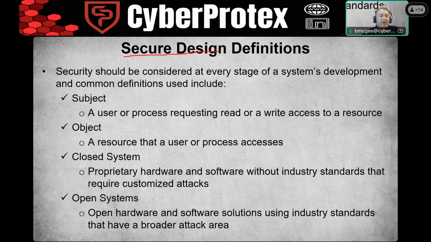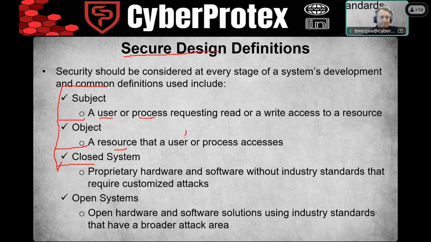And by having a secure design of a system, we have a few different keywords that we need to cover before we can have a discussion on it. Those keywords start right here. We have a subject, which is just another name for a user or process. There's an object, which is a resource that the subject uses.